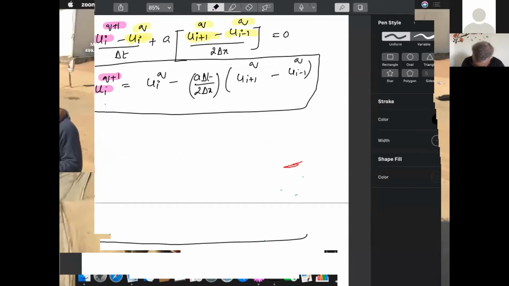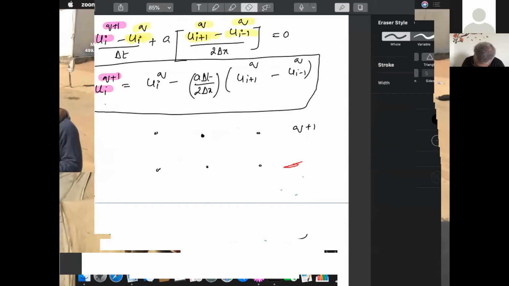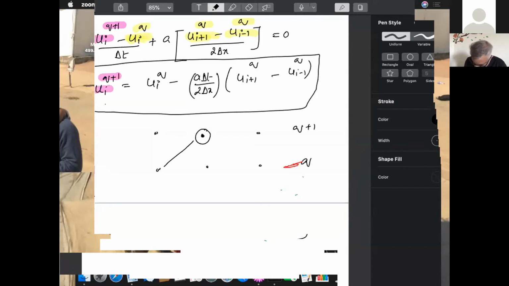So what I am looking at is this is u i at q plus 1, at the q plus 1th time step. This is at time step q. The value at this point is getting updated by taking the value from here and the value from here. So the information is propagating from both directions in the case of central difference scheme.